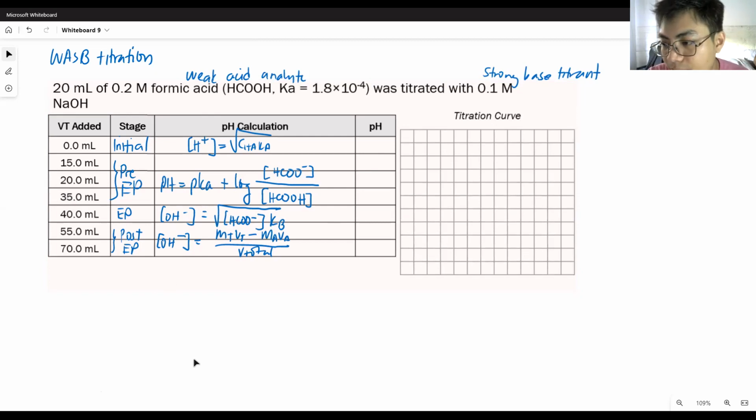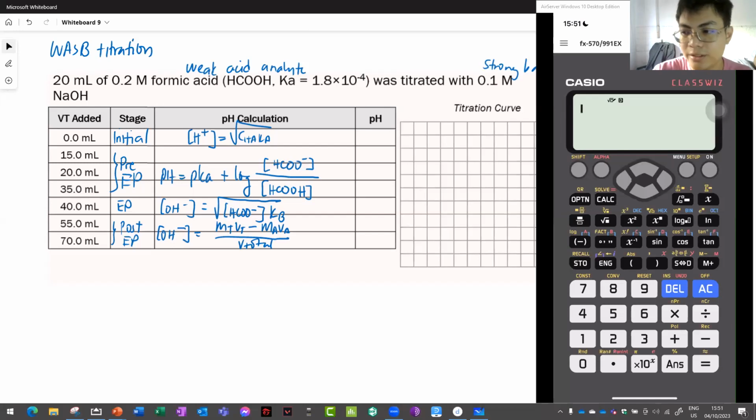So let me just use my calculator. Okay, so we have our calculator here. So sabi, at the initial stage, we just compute for the square root of Ka times C. So that will give you the H plus. Pero I want the pH. So I'll type in negative log, base 10, kaya may 10 sa baba. And the expression for the H plus, which is the square root of Ka times C. And now, what's my concentration of the analyte?